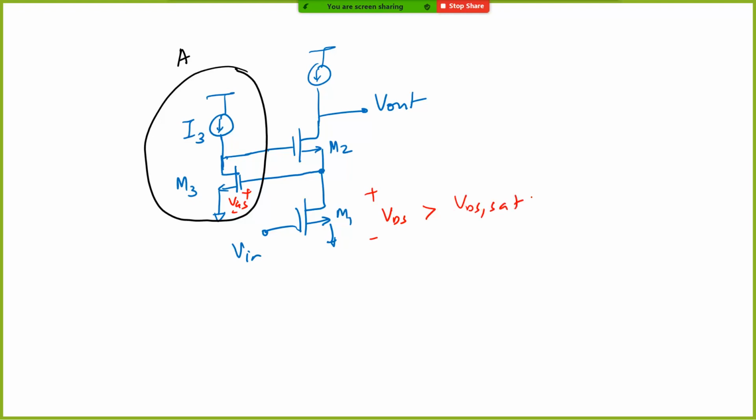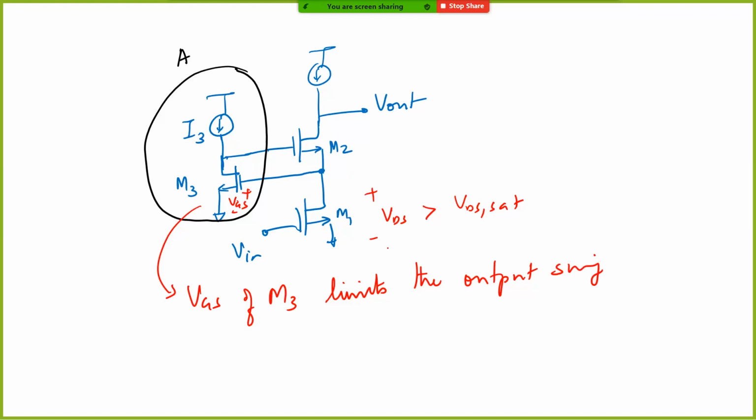So the amount of voltage available for M3, VGS of M3 limits what? The output swing. This was the original condition, but now you have to make sure that it is greater than VGS3. With A, you need this to be greater than VGS3, which basically means that your output swing now gets limited. So this is not a very good way to implement it.